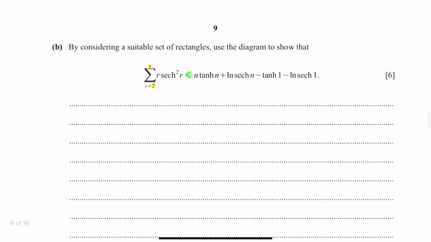So we can write this as 1 times 2 sec squared 2 plus 1 times 3 sec squared 3. I'm not writing the 1 because it doesn't really matter here. All the way up to n sec squared n. This is smaller than the integration.